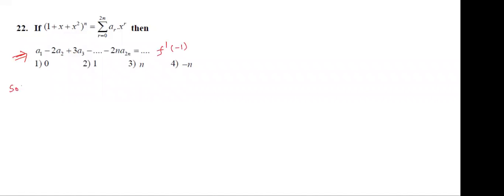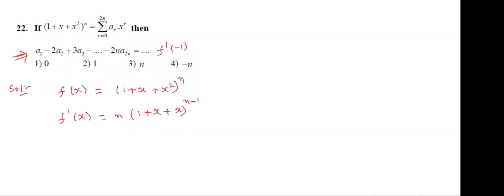So students, first tell me what is f of x? f of x is the given expansion. What is that? 1 plus x square whole power n. Now differentiate with respect to x. Then f dash of x is n into 1 plus x square whole power n minus 1, times the internal derivative 1 plus 2x.